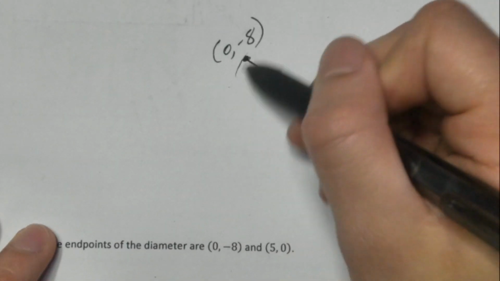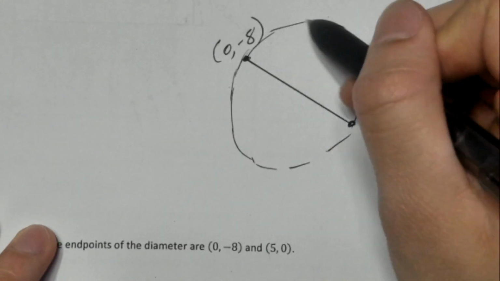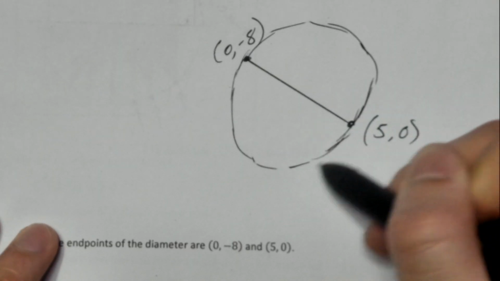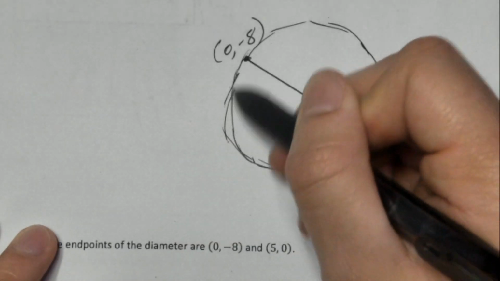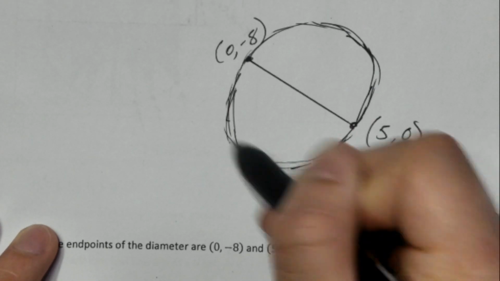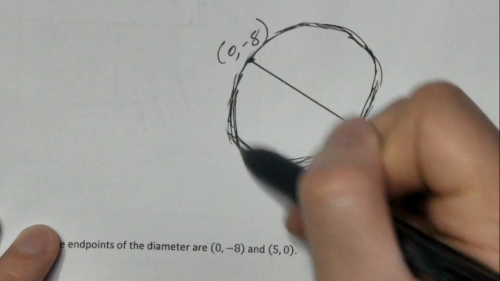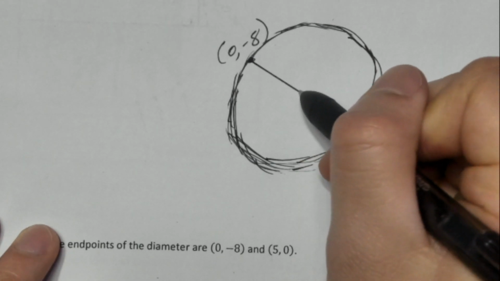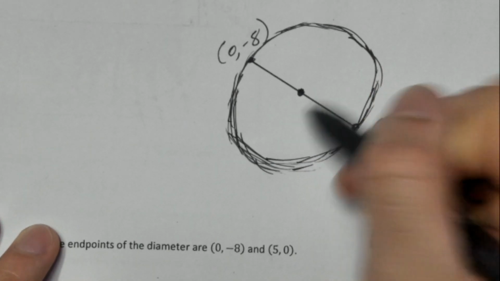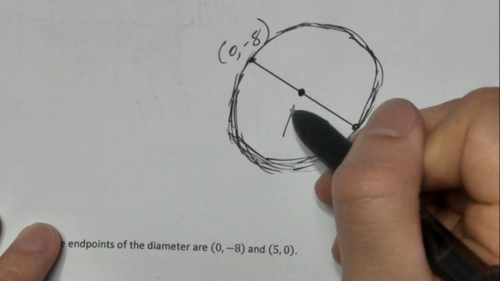Remember, the diameter in a circle is the distance from one end of the circle to the other end. Now the thing about the diameter is that it goes right through the center. And that center is located right in the middle of this diameter. So right in the middle, that's going to be the center of my circle.